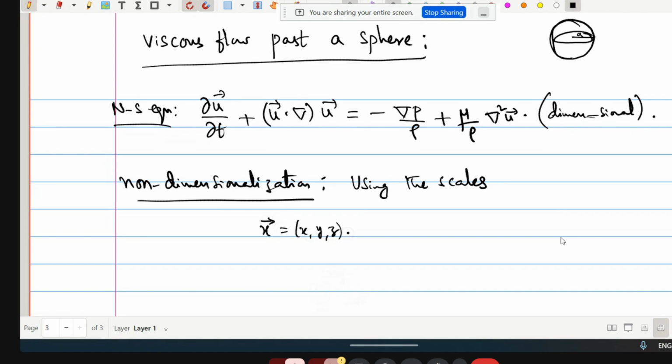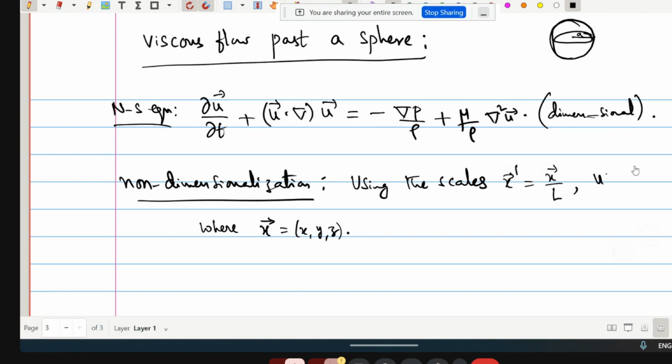Then the scales, where I'll write where. X bar dash equals X bar by L, where L is the typical characteristic length.